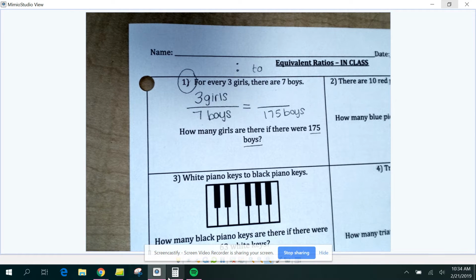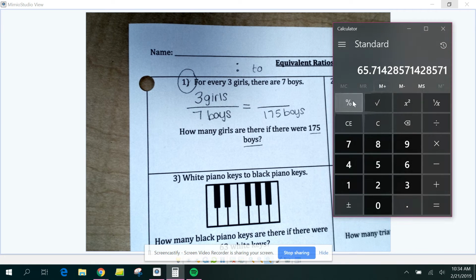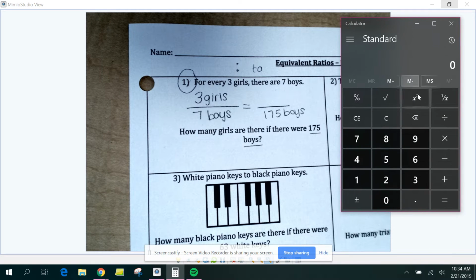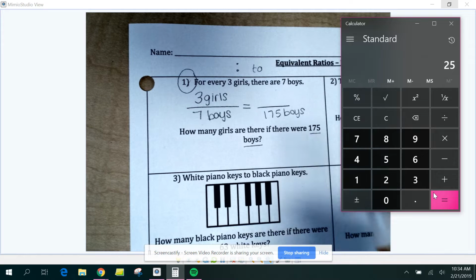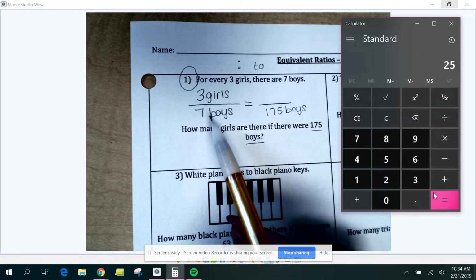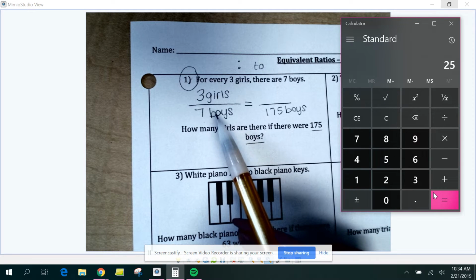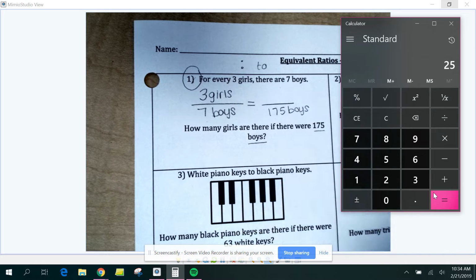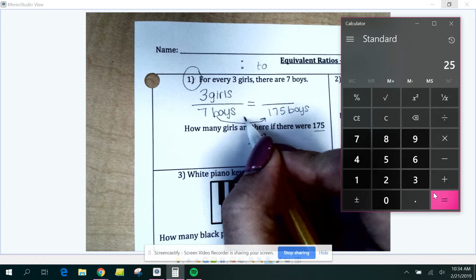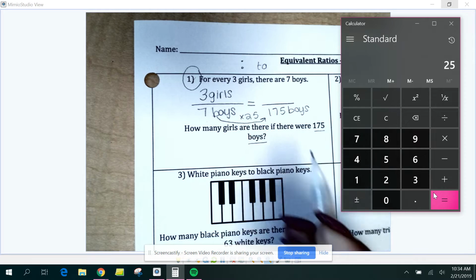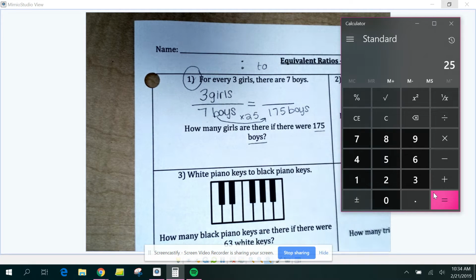And I can do that by dividing. So I pull up my calculator and I do 175 divided by 7. So the right number divided by the left number. And you see that my calculator gives me 25. So I know that I did 7 times 25 in order to get 175.